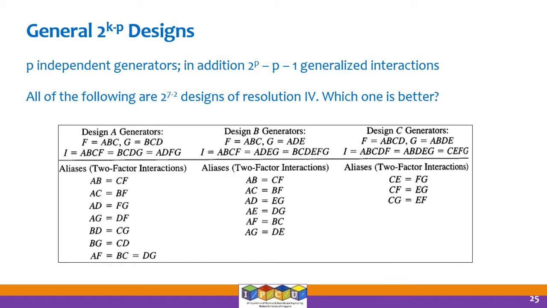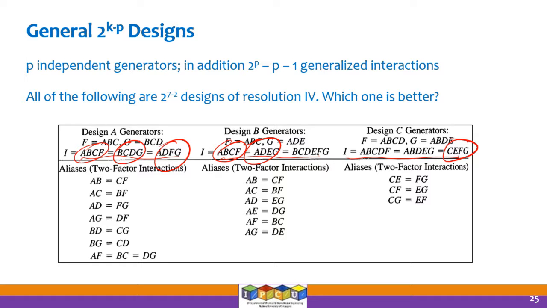Now, out of these three designs, which design is good? All of them are resolution 4 designs, because if you take this, the minimum is 4. If you take design B, the minimum word length is 4. If you take this design C, the minimum word length is 4. The longest word doesn't matter. We are looking at the weakest link, so therefore we are looking at the shortest word.